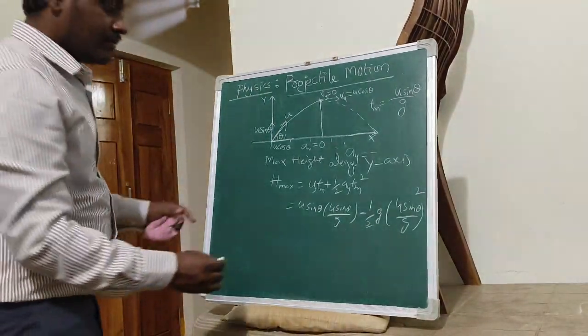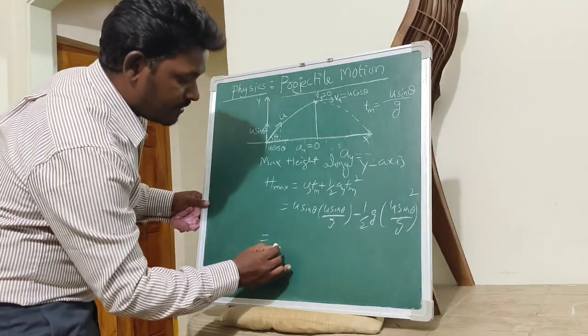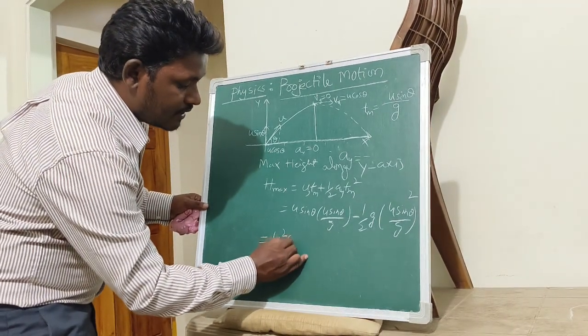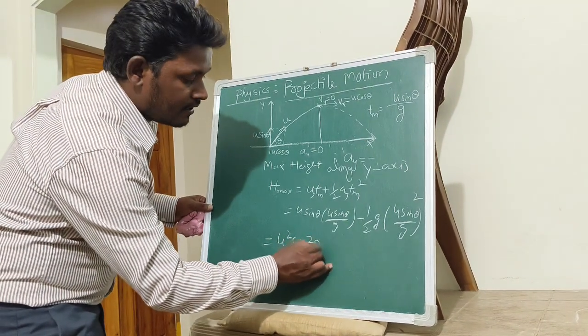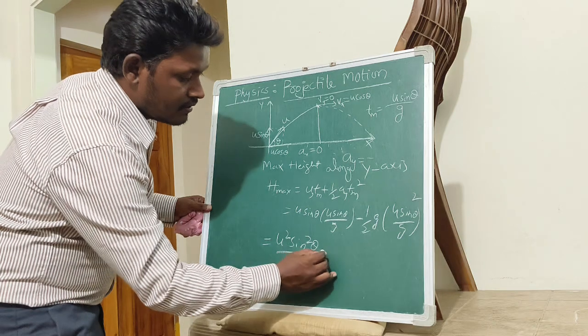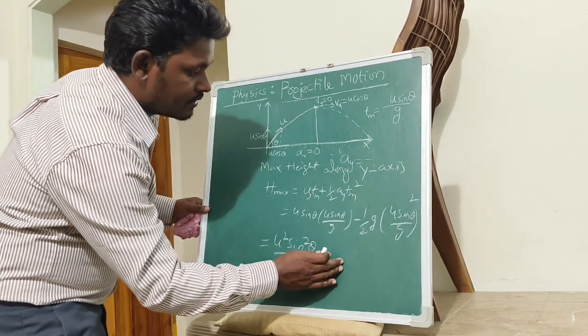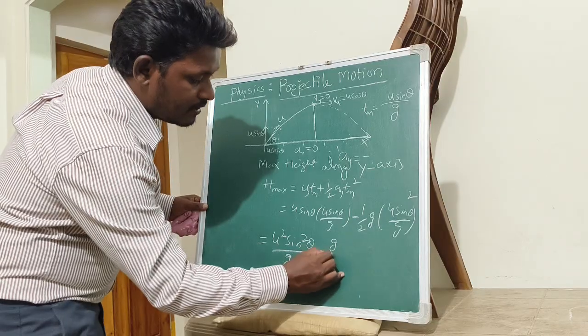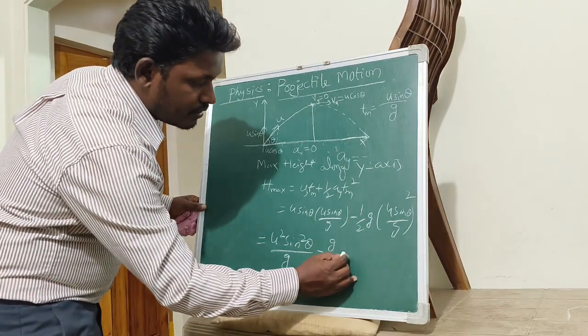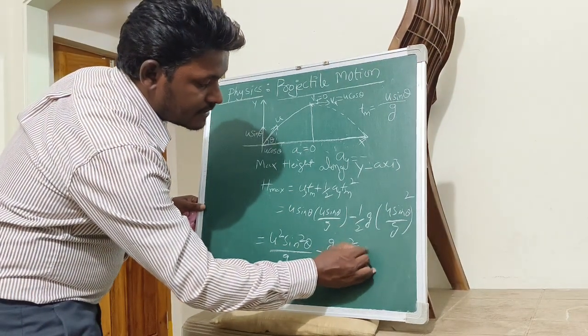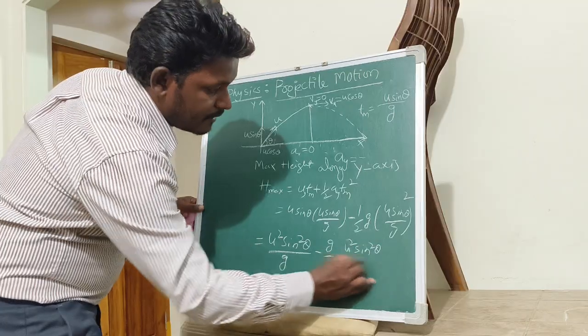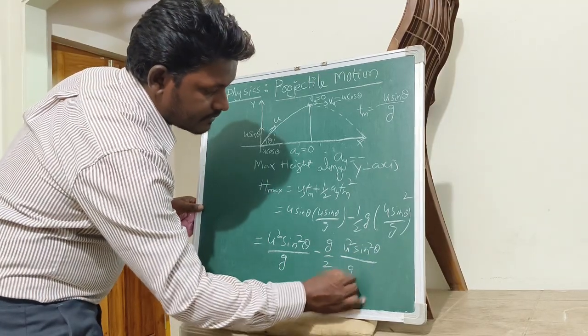When you simplify this, you will get u square sin square theta by g minus g by 2 into u square sin square theta by g square.